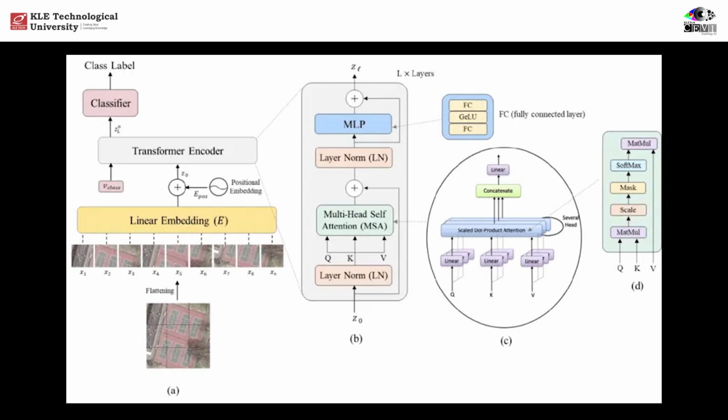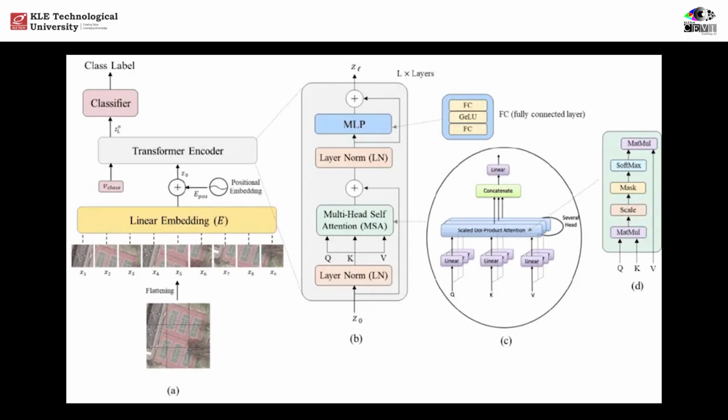Then a second LN, a multilayer perceptron, MLP, and again a residual connection. These blocks are connected back to back. Finally, a classification MLP block is used for the final classification only on the special classification token, which by the end of this process has global information about the picture.